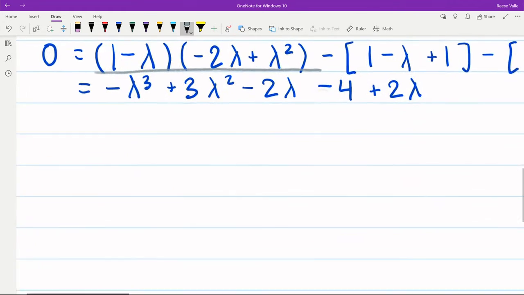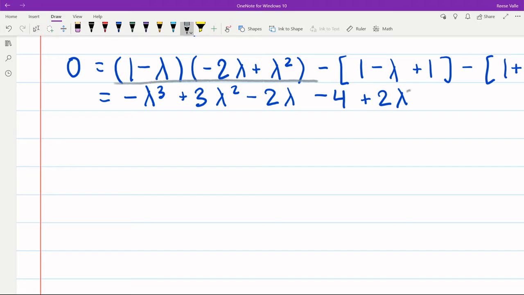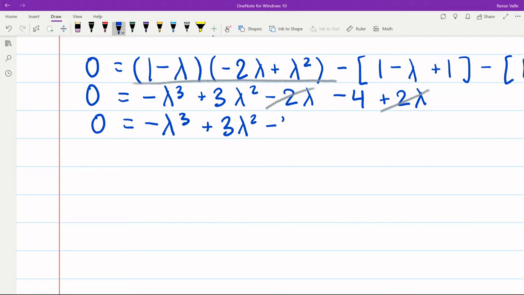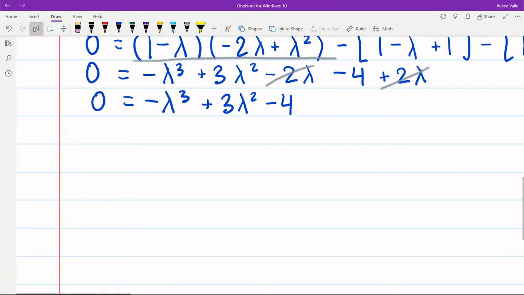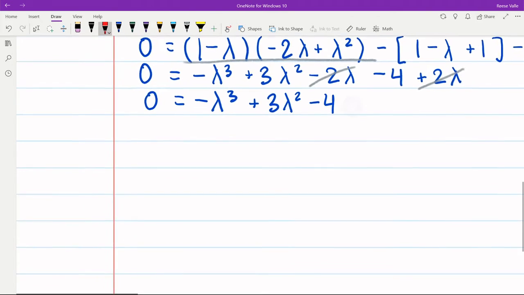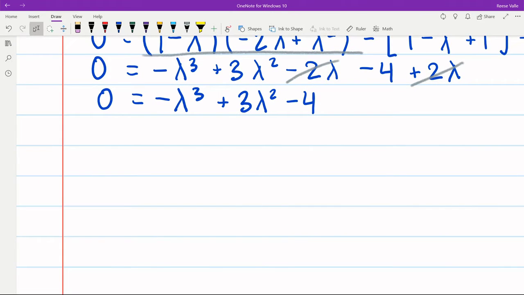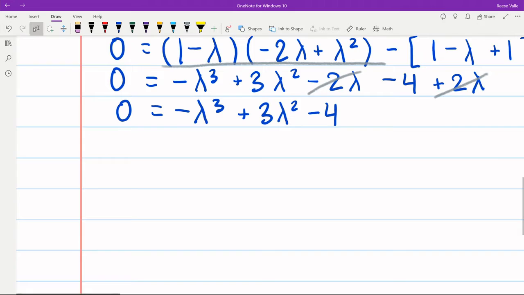Using basic algebra, you know that these two are going to cancel. You're going to be left with negative lambda cubed, sorry, negative 3 lambda cubed, and then 3 lambda squared minus 4. And then, unfortunately, you would have to use the method I use to solve this for the roots.